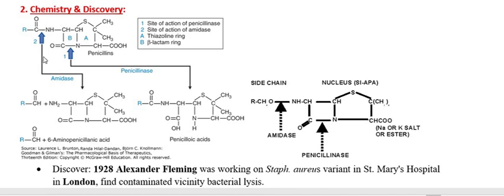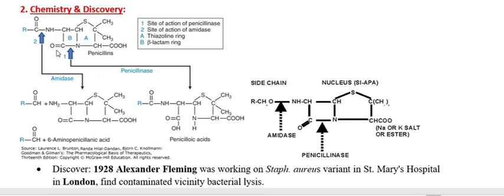So this is the structure that I mentioned earlier. Here, you get this compound naturally from two molds. One is Penicillium notatum, another is Penicillium chrysogenum.